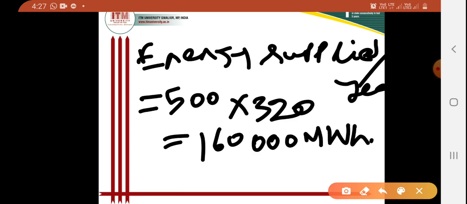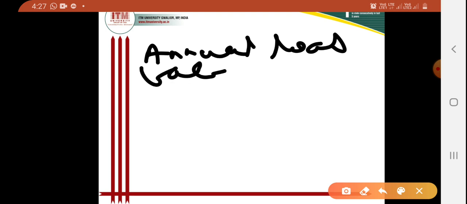Now I want to calculate the annual load factor. As per the question, I have to calculate the annual load factor.